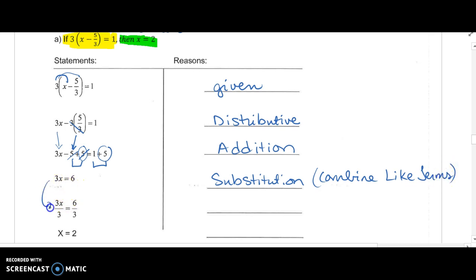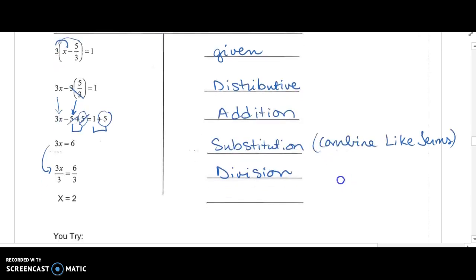Then from line 4 to line 5, they're dividing both sides by 3, so I'm going to call that division. And lastly, they're canceling that out and dividing that out. They're cleaning that up. So anytime you're simplifying, combining like terms, we call that substitution.